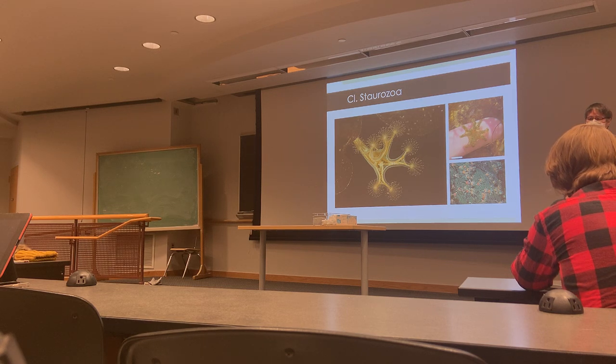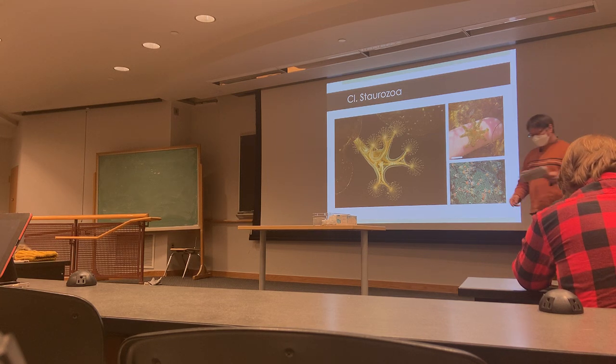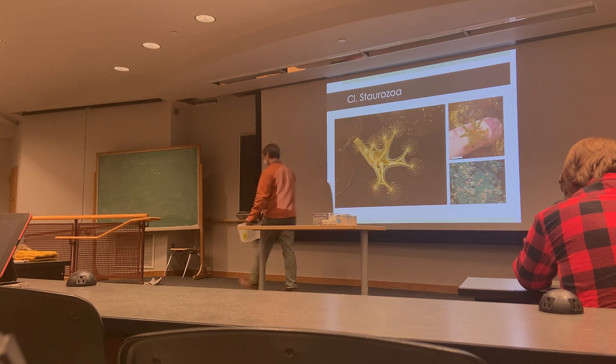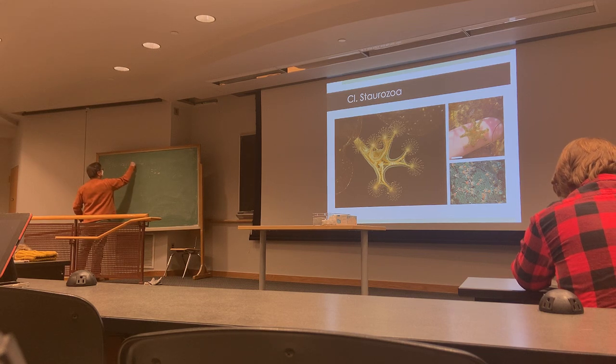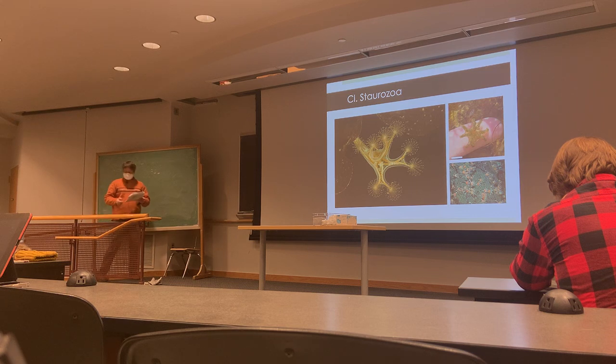They're not a very large group. Anthozoans were very large, thousands of species. The staurozoans contain just around 50 species.